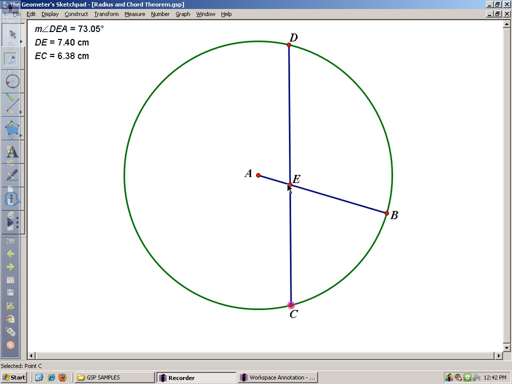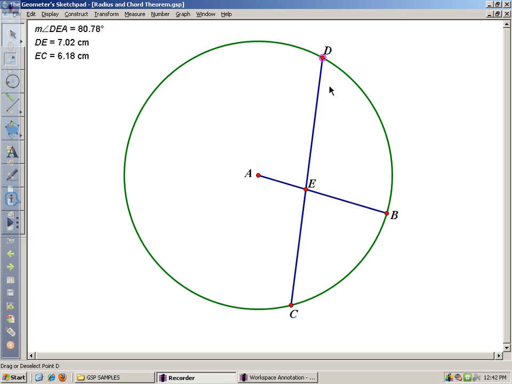What happens to these two distances? So as I bring point D around and this angle gets closer to 90 degrees, what happens to these two distances? Anybody want to guess about that one? So we're looking at this distance from D to E and the distance from E to C. So Haley says she thinks they're going to be the same.